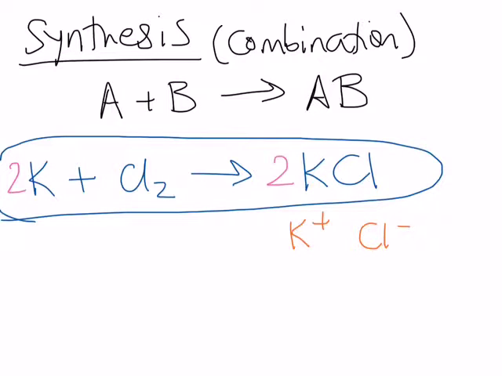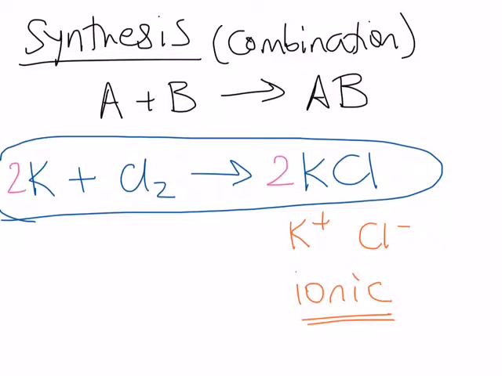But the key here with synthesis is you have to think of each substance individually. What does each thing have to look like if it's in an ionic compound in the end? So the only things that we're going to do is a metal and a nonmetal as our A and B, and our AB is always going to be ionic.